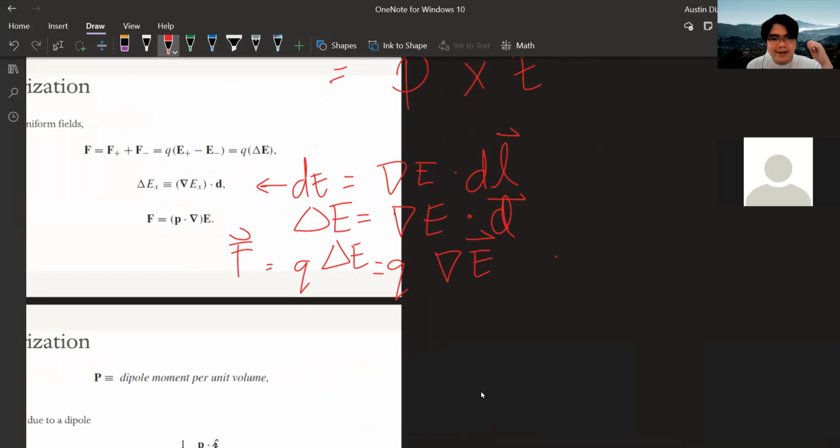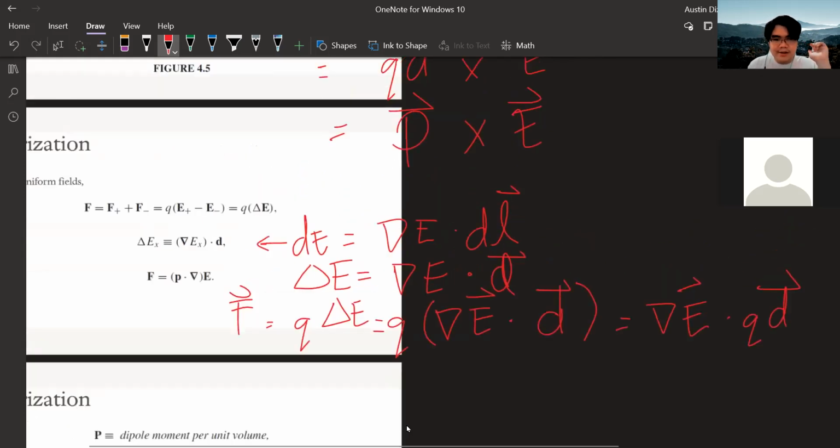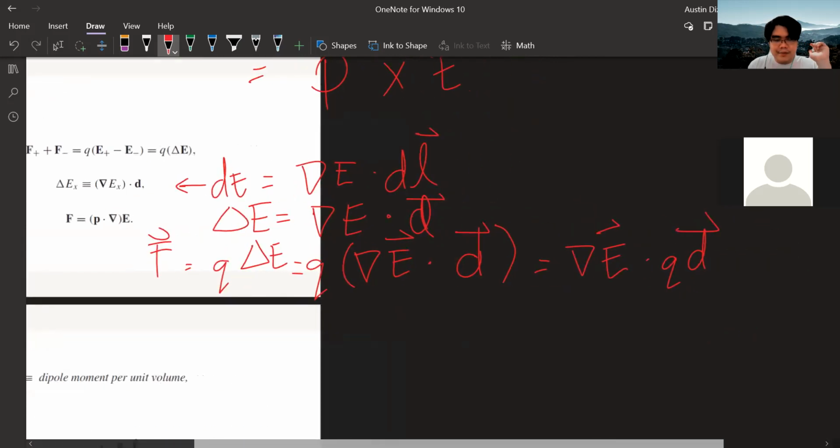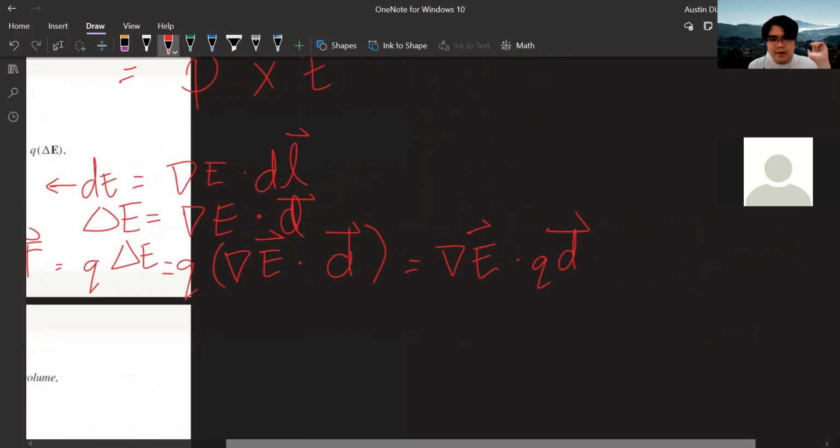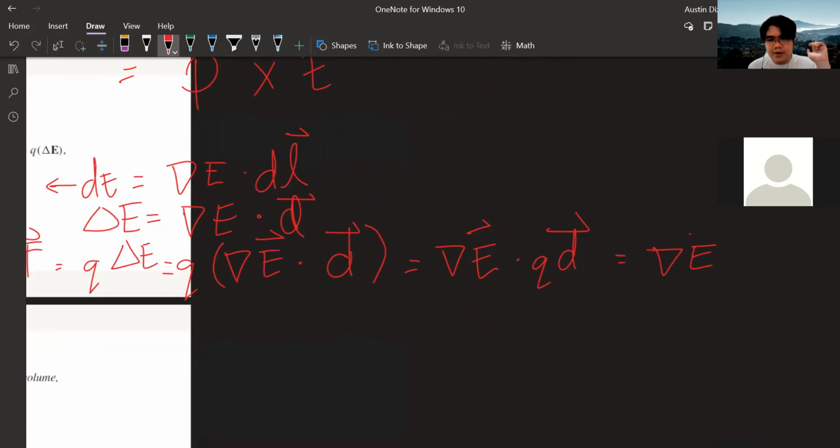Del E pala, sorry. Ayan. And then, started with E. Okay. And this is just the E. Pasok ko lang si P, si Q. Started with Q, d. And I know that this is your dipole moment.